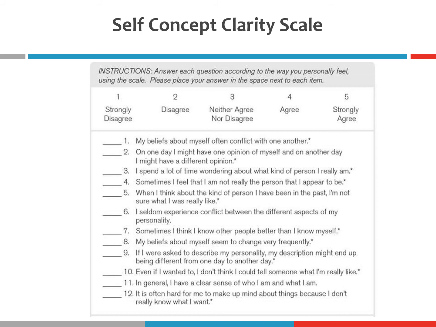So the value of scales in this case is if for some reason the respondent doesn't understand the question, or the question is too simplistic to capture some of the nuances of self-concept clarity, then instead of asking one question, we have 12 questions that are getting at the essence of self-concept clarity, but are not identical to each other.